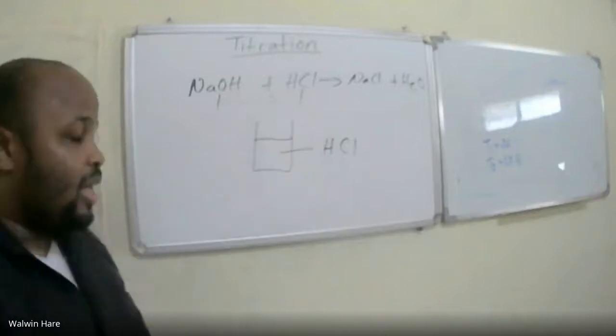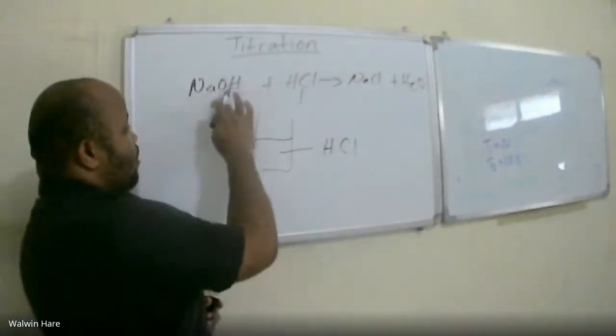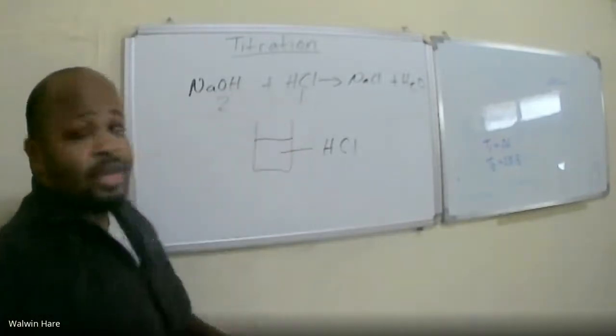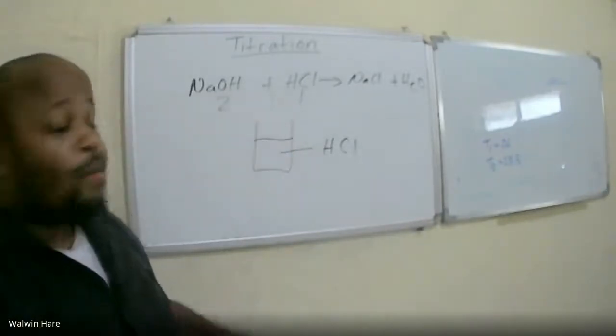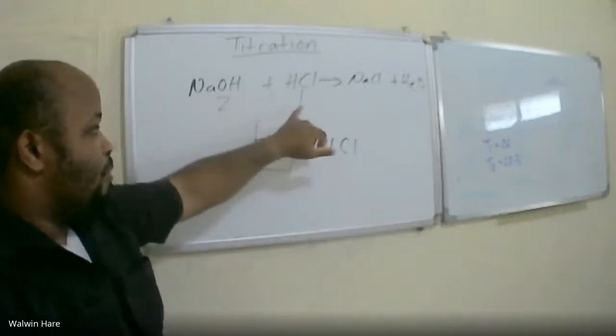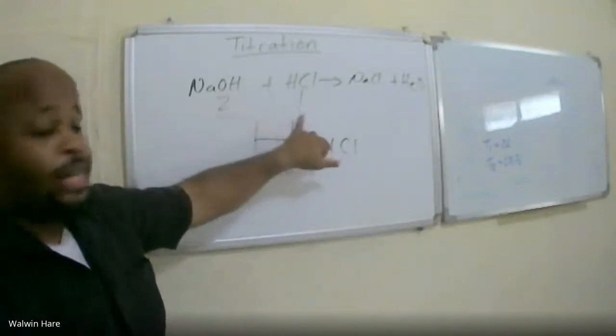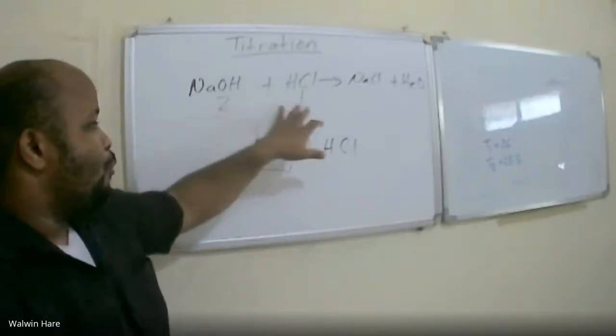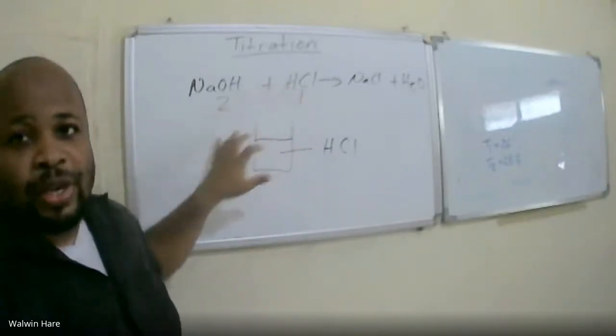If it was a case where it was a 2-to-1 mole ratio, the equivalence point would be when we have accomplished this ratio. So the equivalence point is based on the mole ratio from the balanced equation.